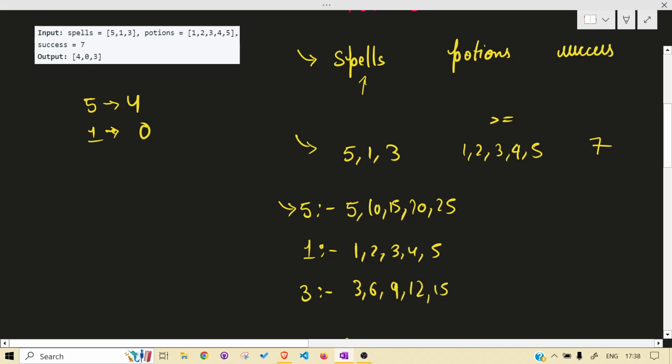How many of them are greater than or equal to 7? I would say only 3, these. I hope you get what we are doing over here. Let me repeat: we take a spell, multiply with the potions, and check how many of those products are greater than or equal to the success for that particular spell.